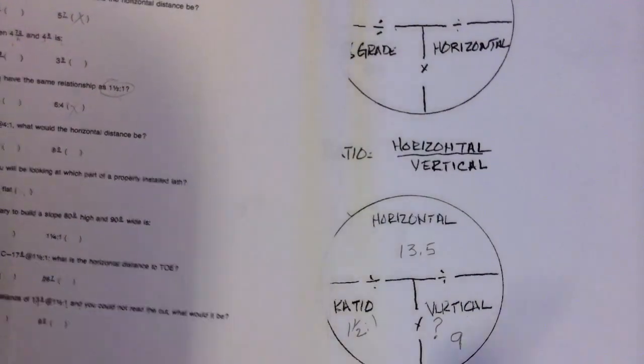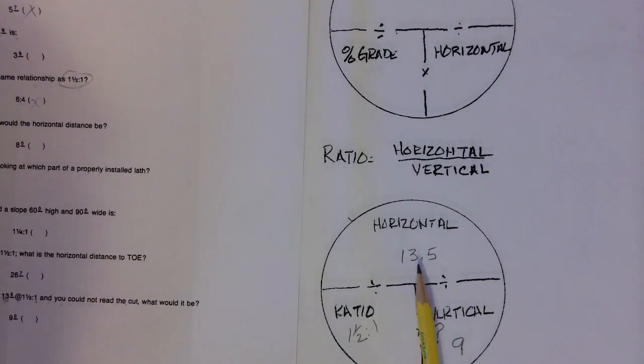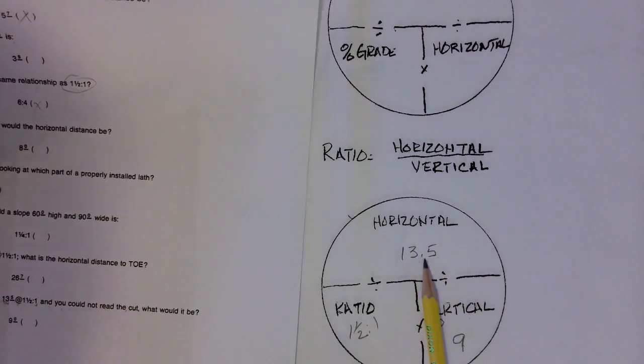How would you know? So we know 2 variables here. We know the horizontal distance to be 13.5. So we go over here and we put 13.5 in the horizontal slot.